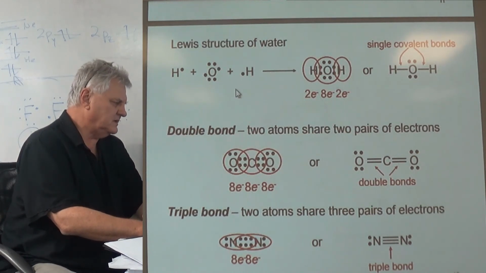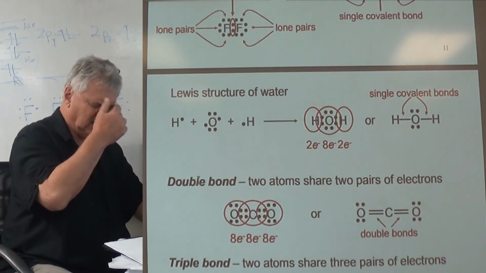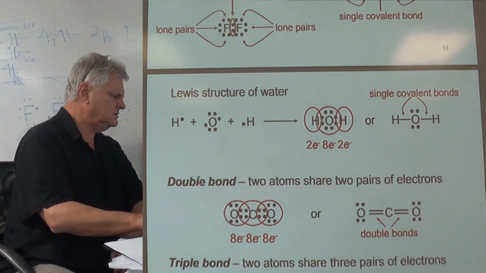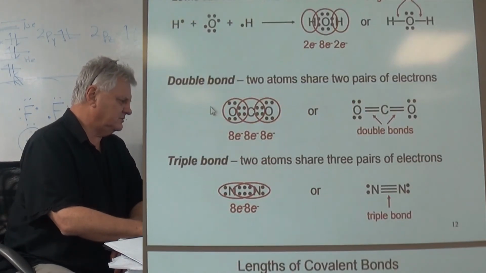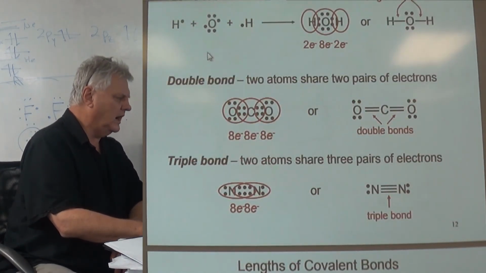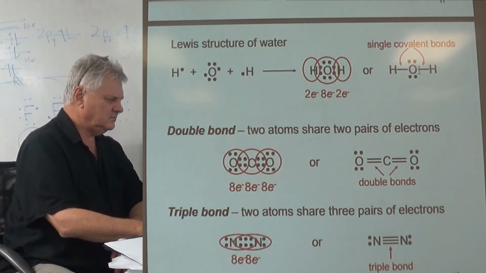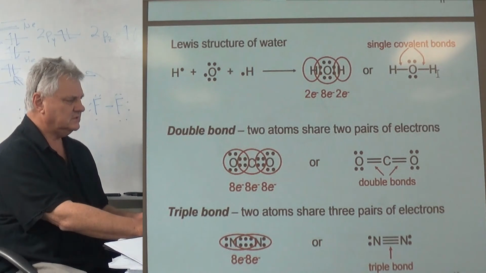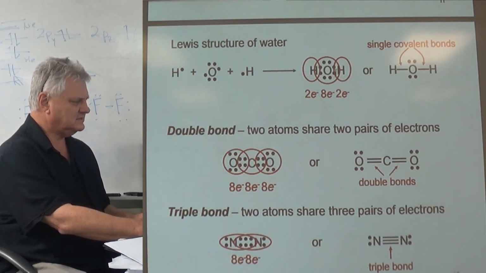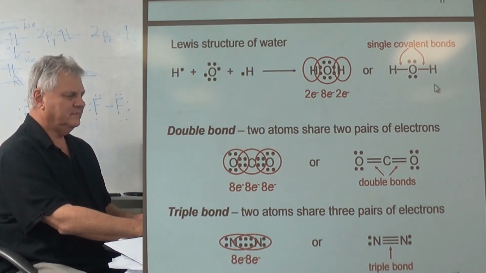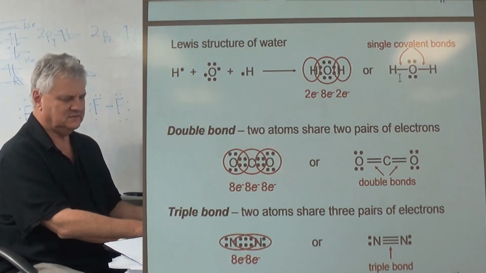Here it shows you an example with water. Oxygen has 6 valence electrons, and of course hydrogen has 1. If oxygen forms 2 covalent bonds with these 2 hydrogen atoms, now the oxygen has an octet around it. The hydrogen, of course, doesn't.